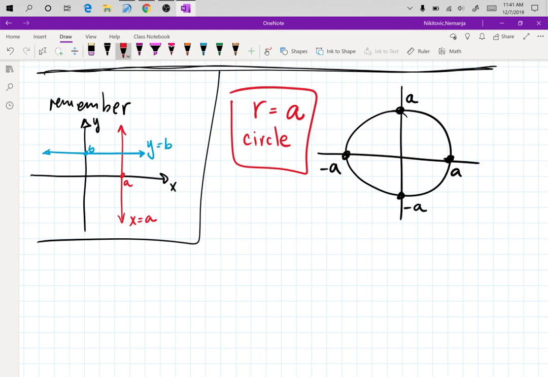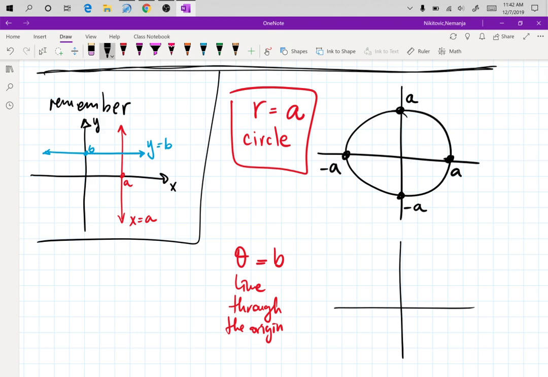And how about theta equals a number? Excellent. Very important to know that it's a line through the origin, like there.